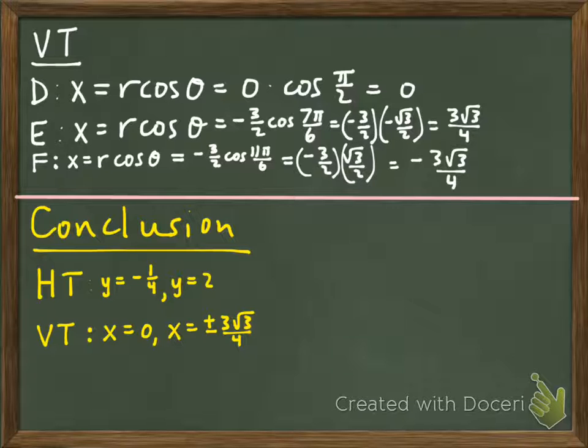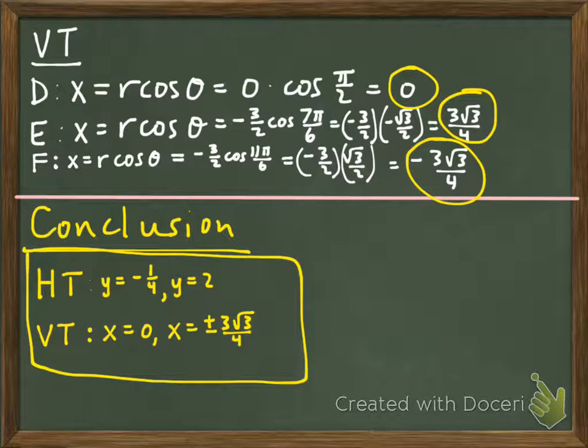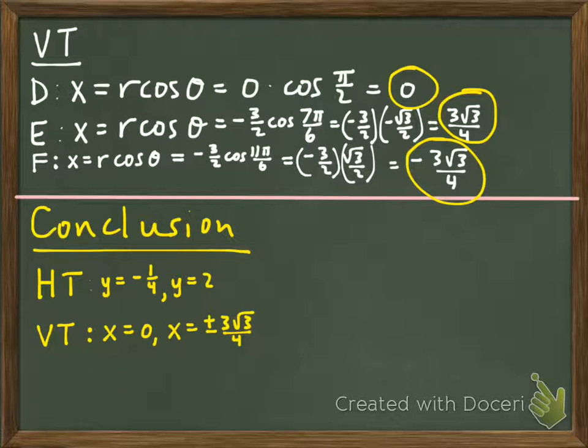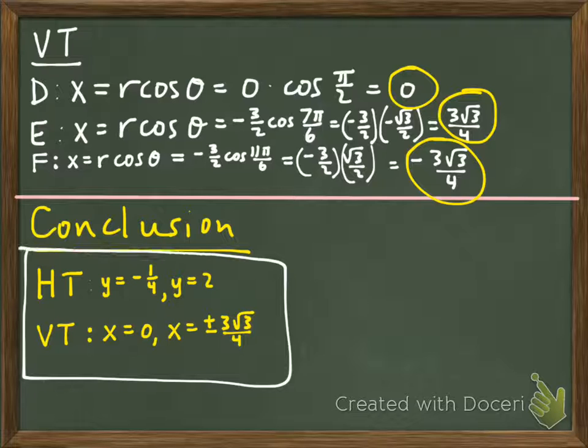We find the x equation at D, E, and F, and we get the three values you see here: 0, 3 radical 3 over 4, and -3 radical 3 over 4. The conclusion, when all is said and done, is that the horizontal and vertical tangent equations are what you see here in this box. That's what we're looking for, the equations using x and y at each of the corresponding points.